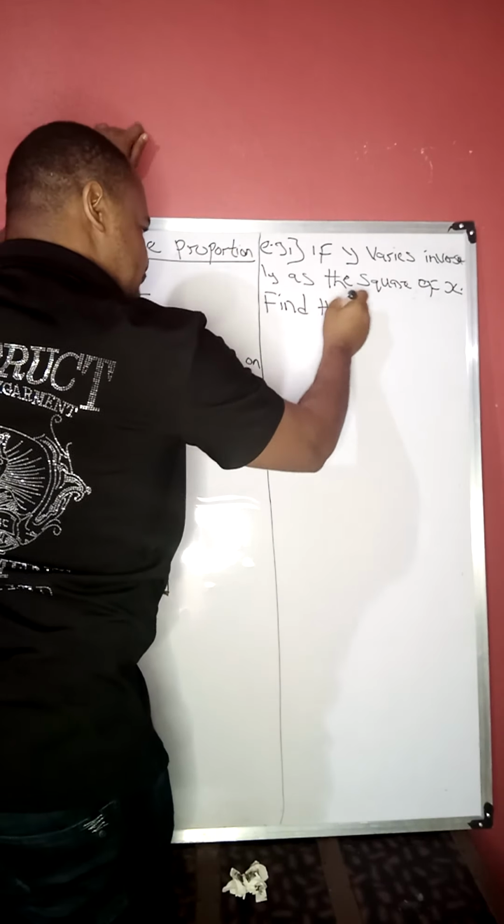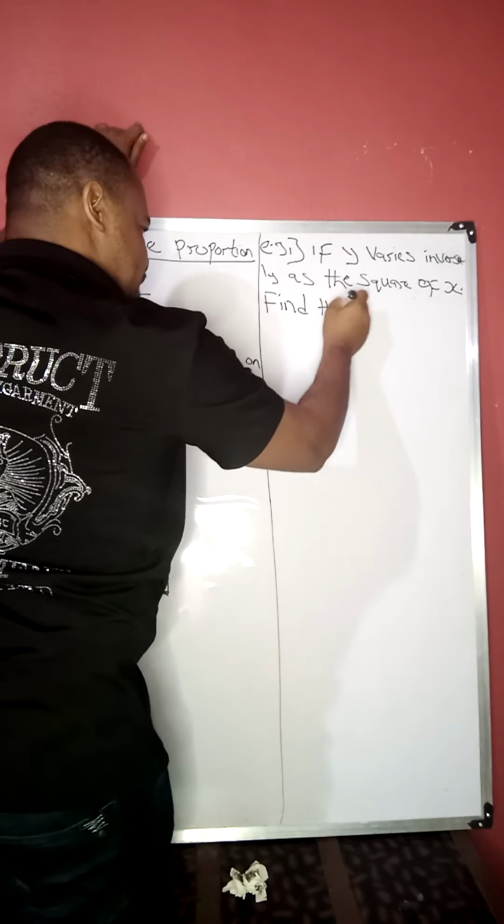Now, solution. The question says what? If y varies inversely, y, your variation sign, varies. When you hear inversely, what do you do? 1 all over. Varies inversely as the square of x, x squared. I've interpreted this sentence. If y varies inversely as the square of x, y varies inversely 1 over the square of x.